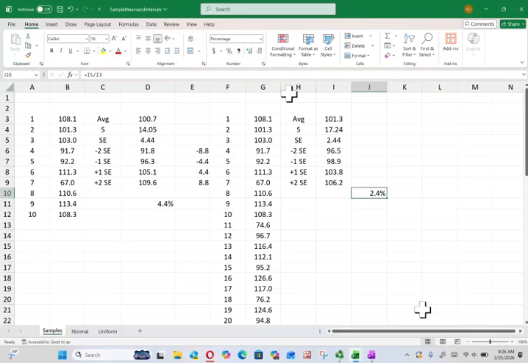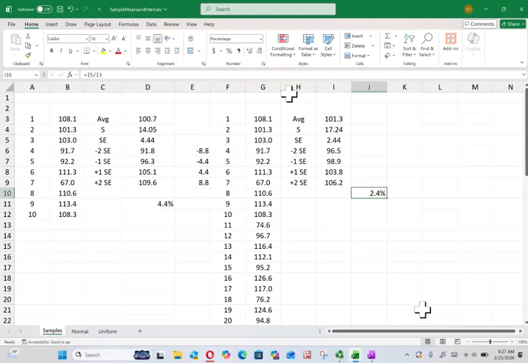If I were doing ball bearings from another manufacturing facility, and I wanted to compare the results of this manufacturer versus this manufacturer, I can use the percent of the standard error as my comparison.